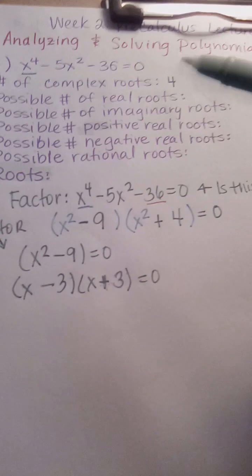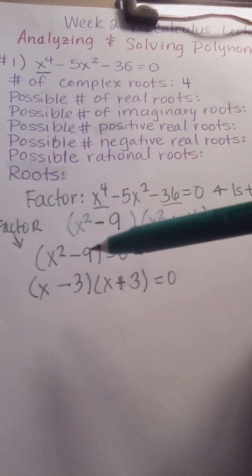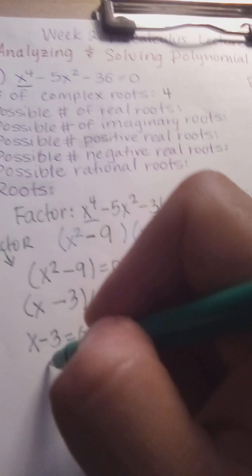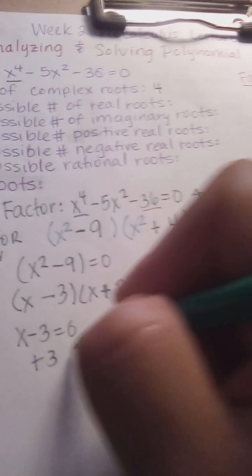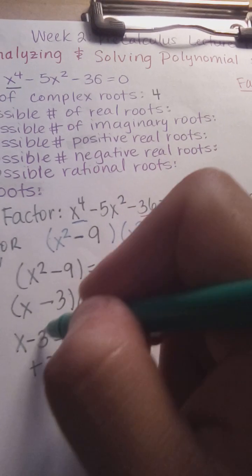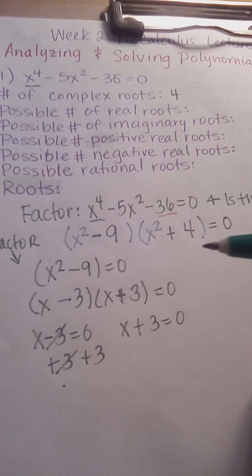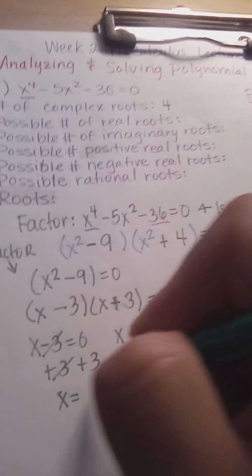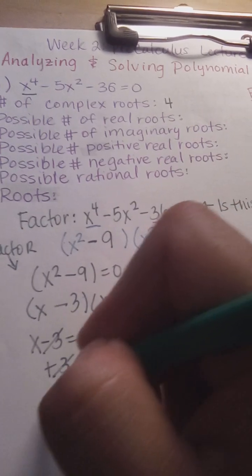All right. Okay, let's do it separately. X minus 3 equals 0. X plus 3 equals 0. And if you do the basic math on the first part, you add 3 to both sides. We cancel the 3's, right? That x equals 3 for the first part.